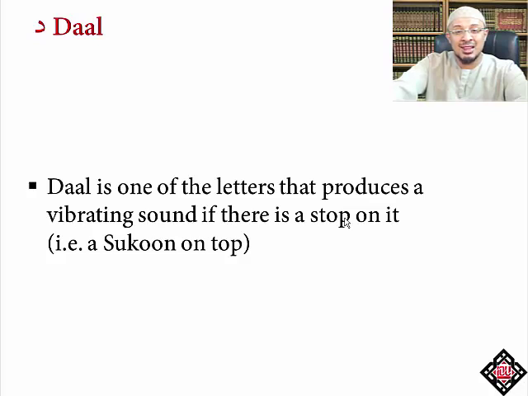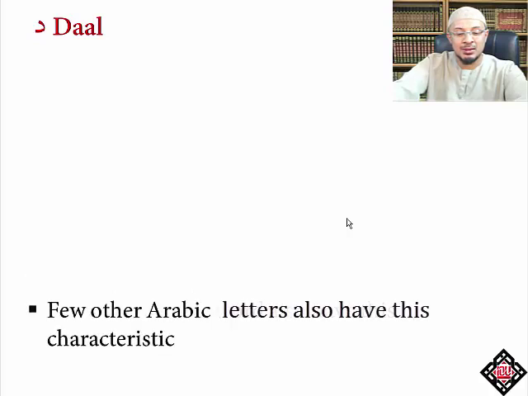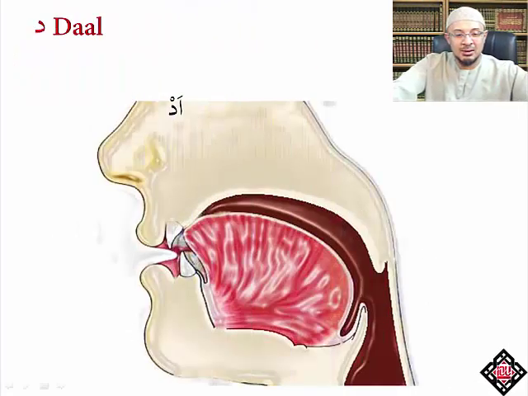Remember, sukoon is a symbol on a letter which points to the articulation being stopped on that letter. And when sukoon is on a dal, then you have the phenomenon we call qalqala. This is basically the vibration.